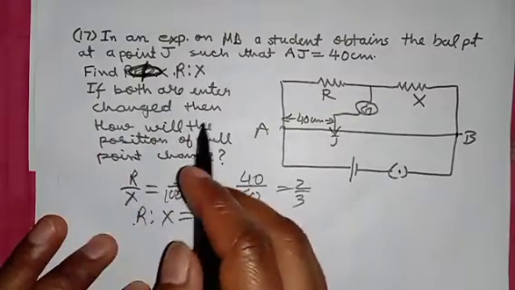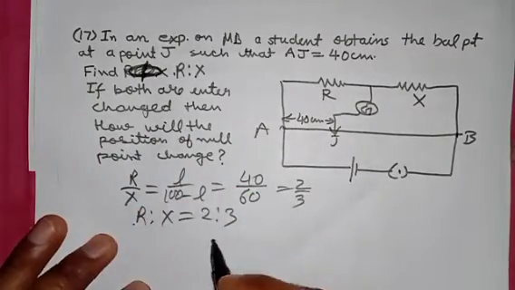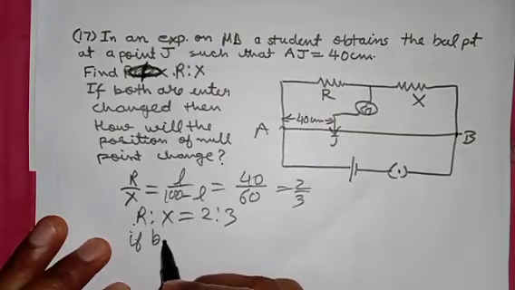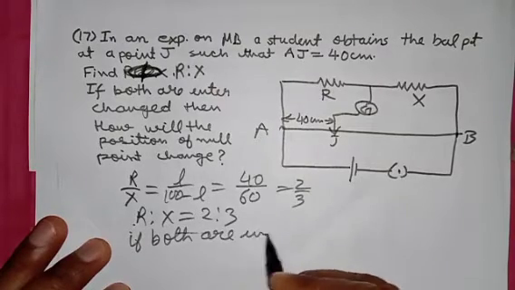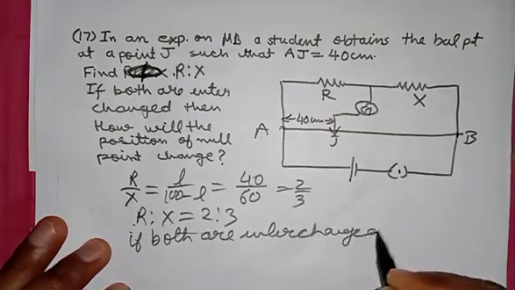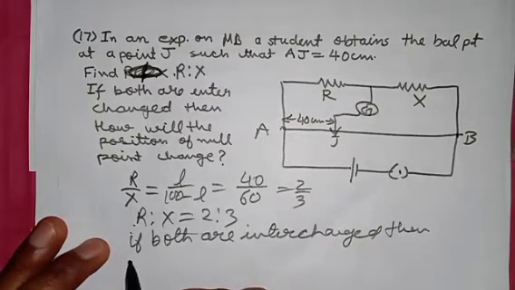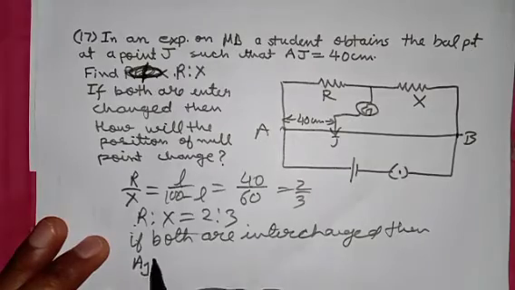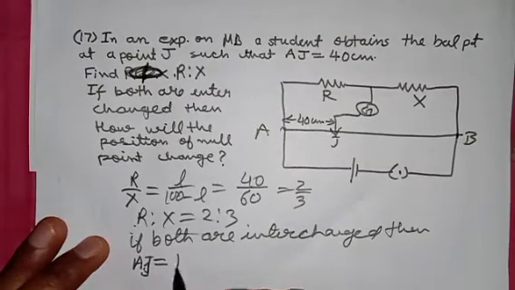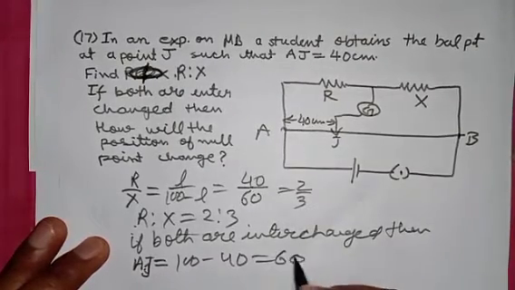If both are interchanged, then how will the position of the null point change? If both are interchanged, then AJ will be equal to 100 minus 40, that is 60 centimeter.